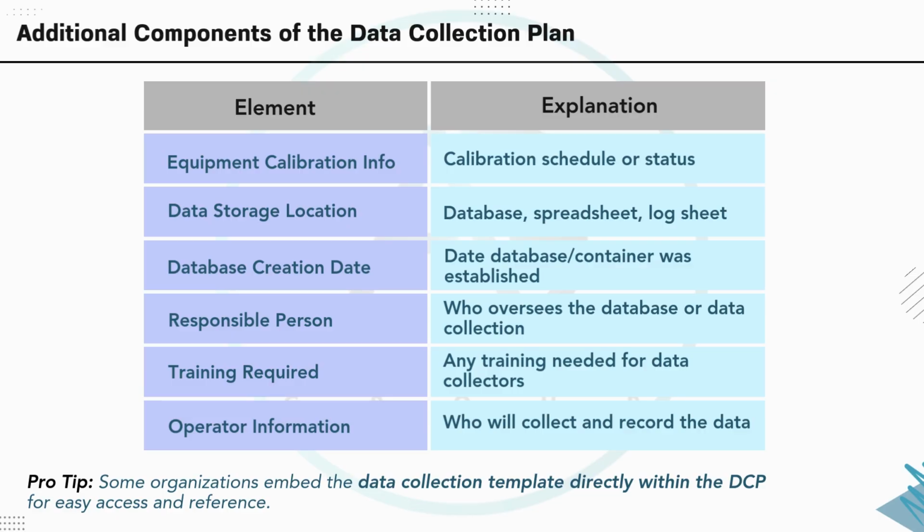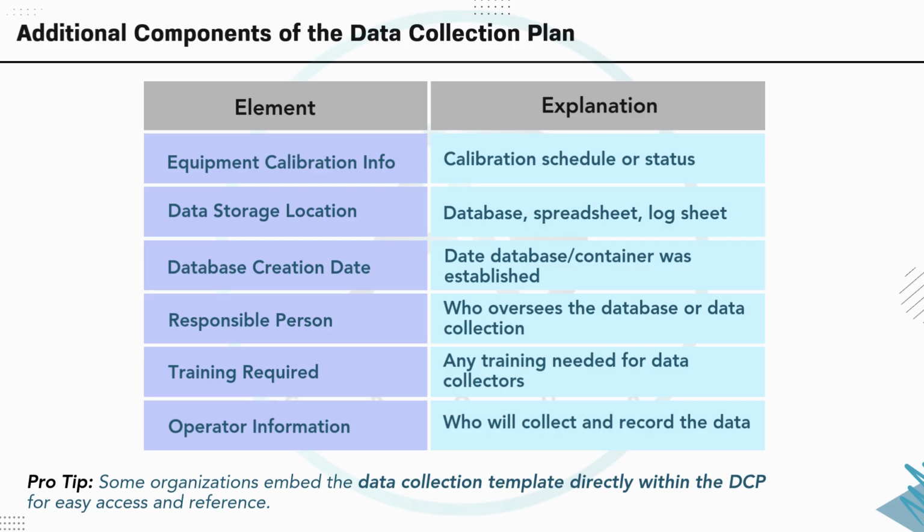This tells us the calibration status or schedule of any measurement tools used. Calibration ensures data accuracy and reliability. Data storage location. Clearly define where the data will be stored. This could be a database, a spreadsheet, or a log sheet. This is essential for easy retrieval and data security.